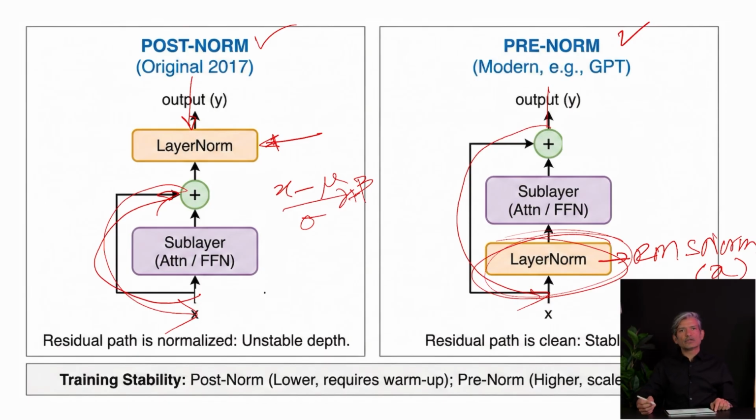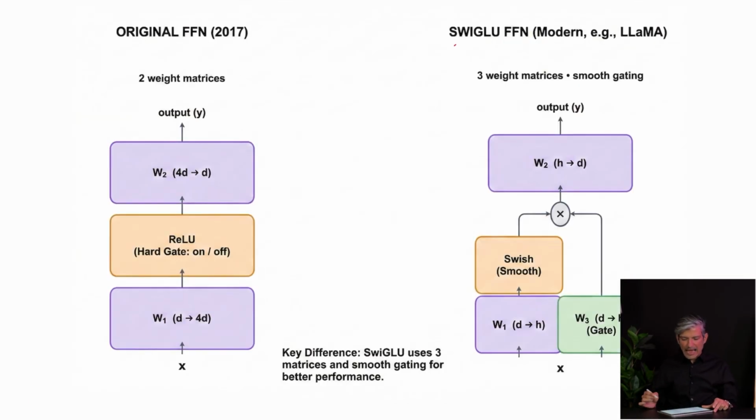The other change is that people now use SwiGLU, and they change the FFN. Remember the feed forward network bit? So earlier we would get our d-dimensional vector, per token, and we would mix the channels, mix the individual elements of the vector itself, by first going from, let's say, 64 to 4 times this, so 256, and then going back to 64.